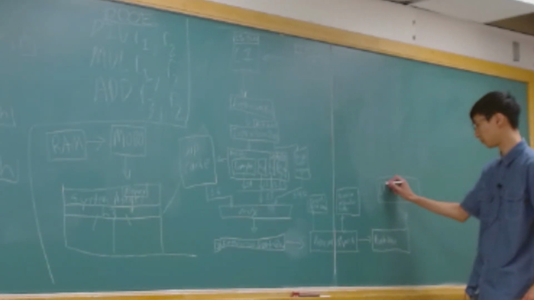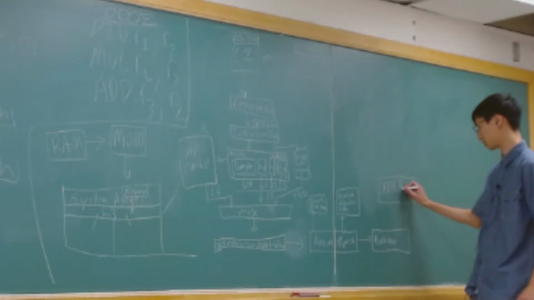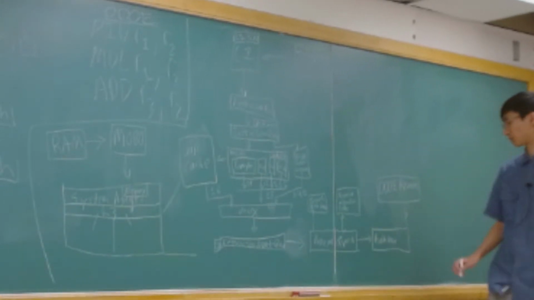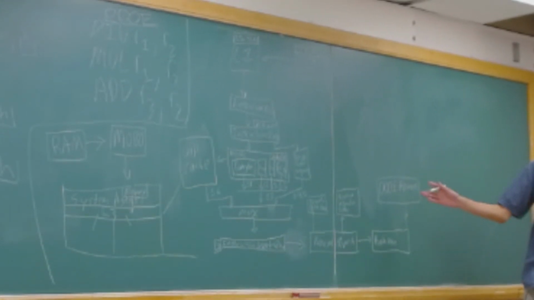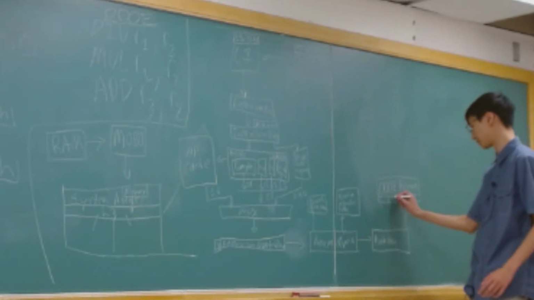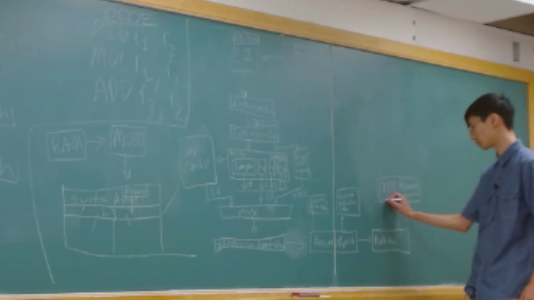I'm not going to write the full word because it seems unnecessary. The out of order execution resources exist like this. We have different sets. We have the integer register file.